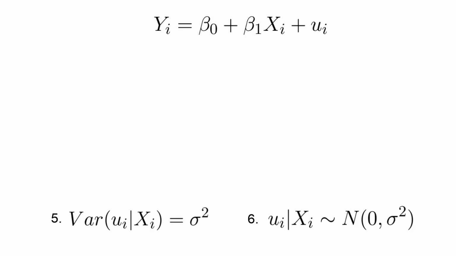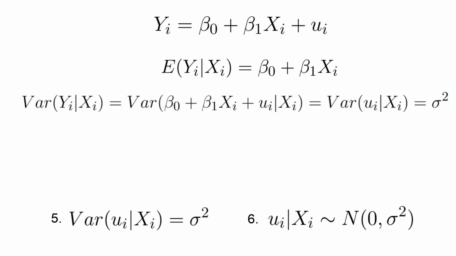With these 2 assumptions, we now have some other results. First, we already know that expected value of yi given any value of xi is beta 0 plus beta 1 times xi. This is because of our third assumption. Now, variance of yi given xi is simply going to be sigma squared because beta 0 plus beta 1 times xi is non-random, and also because of our 5th assumption.